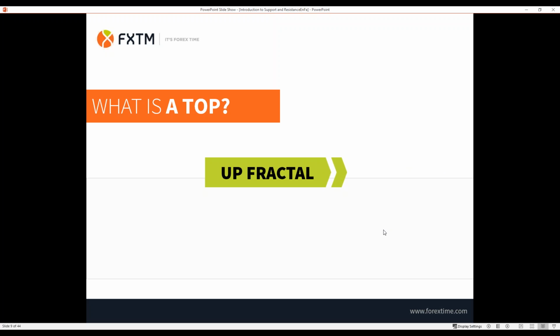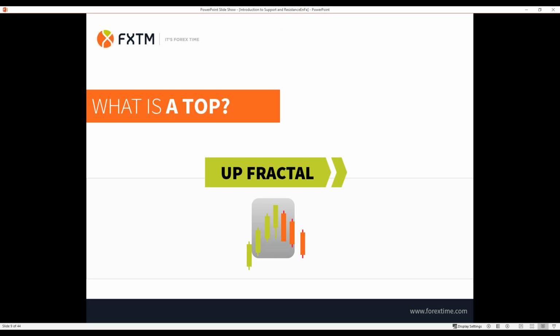And another definition, the last one for the tops, is the up fractal. It looks like that. Let me just show you. So we need 5 candlesticks. I don't know if you can see my hand. Can you see my hand? Yes? Okay.